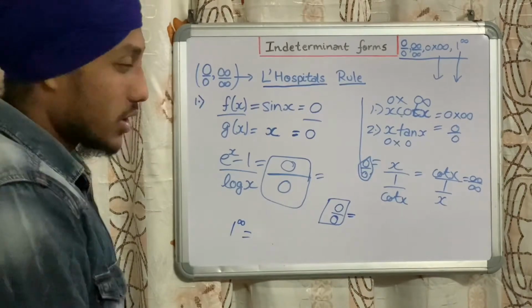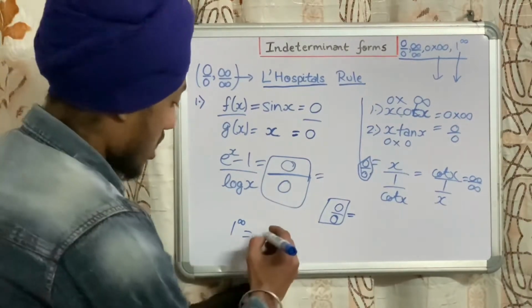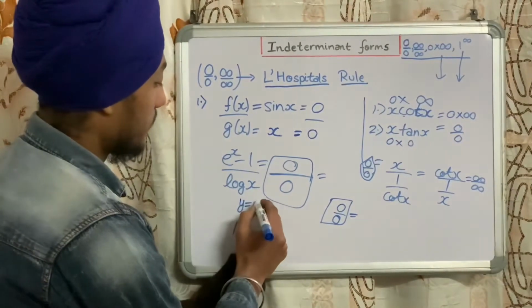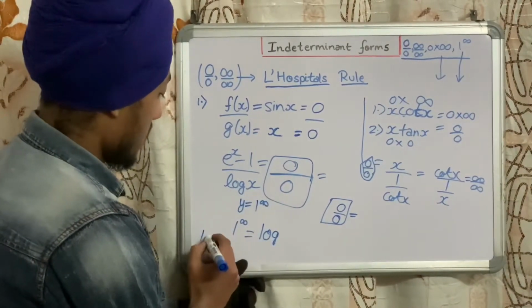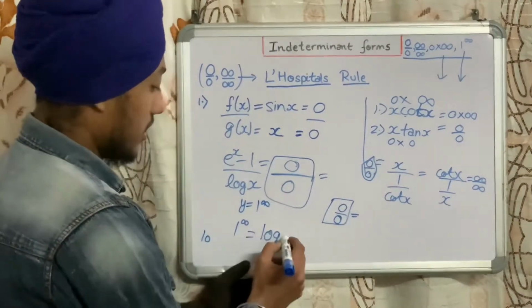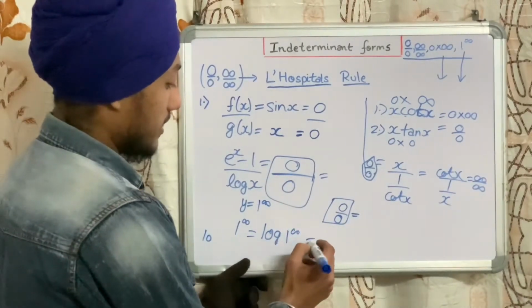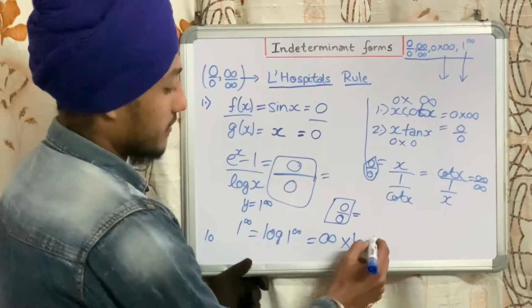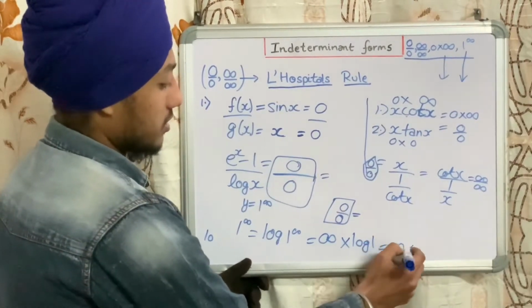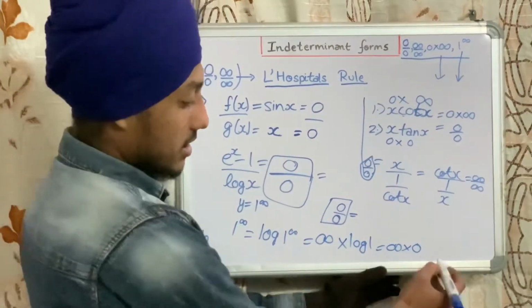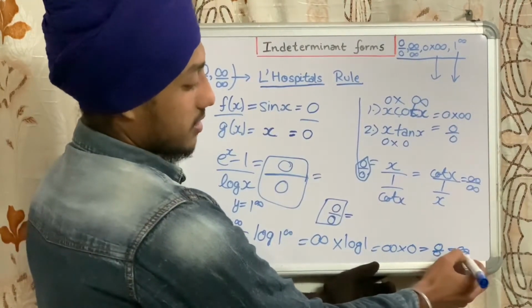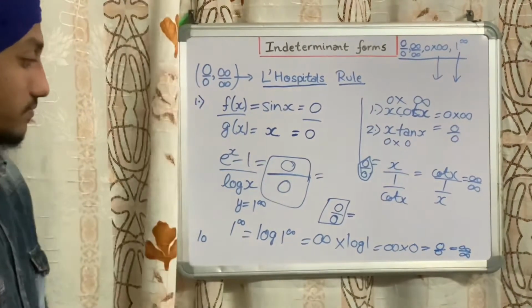We take the log of it: log of 1 raised to the power infinity, then infinity comes outside, and log 1 is 0. So it is again convertible into 0 by 0 form or infinity by infinity form.